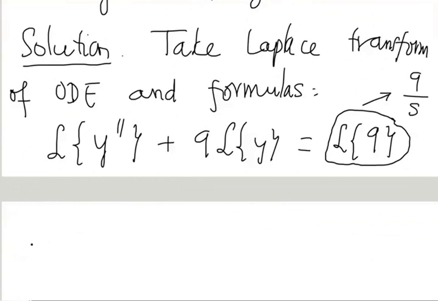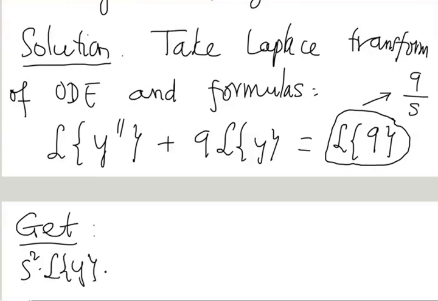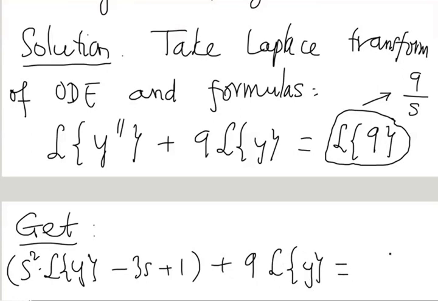You may pause the video and compute it yourself, but this is what we get. We have s squared Laplace transform of y minus 3s plus 1, plus 9 Laplace transform of y equal to 9 over s.